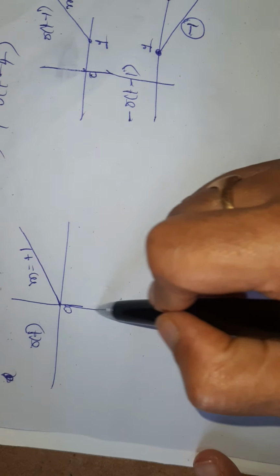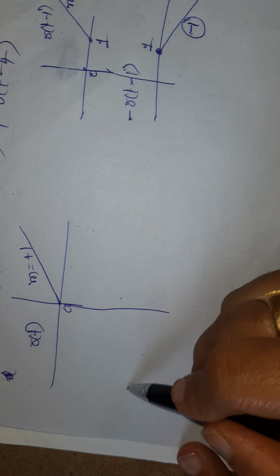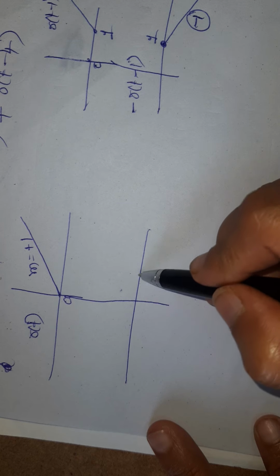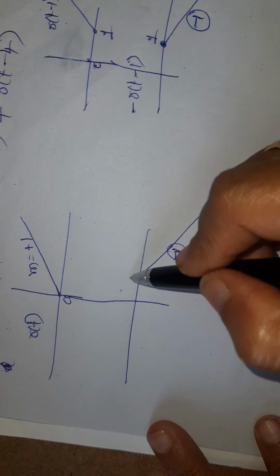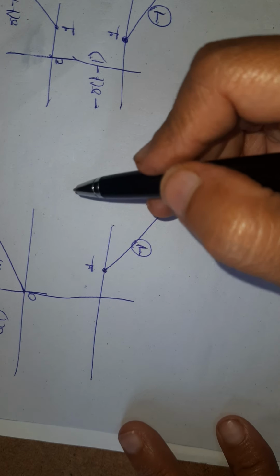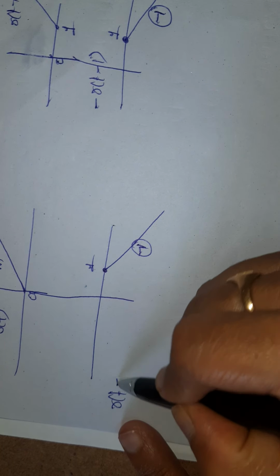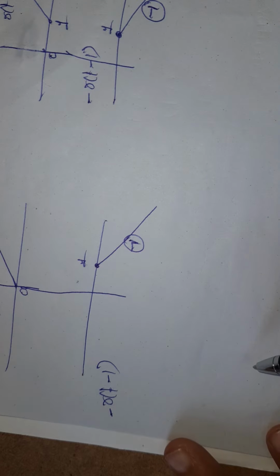Similarly, here I am drawing R of t minus 1, having the slope minus 1, starting from 1.